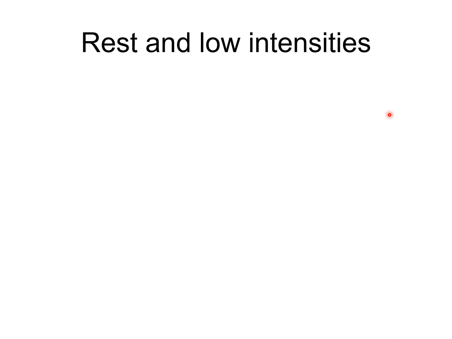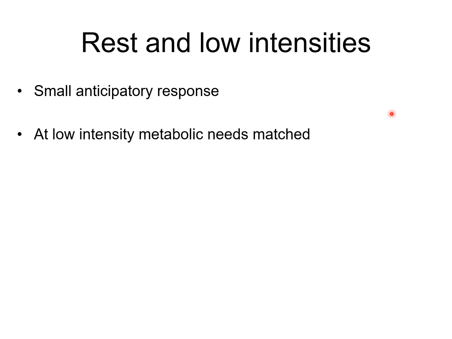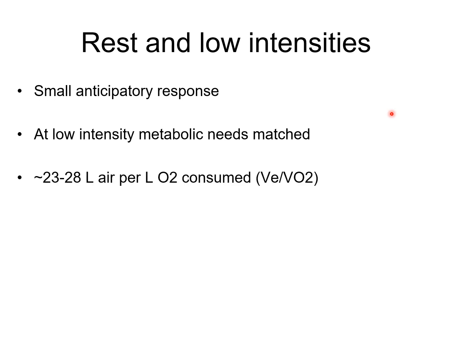Okay, so during resting and low intensity exercise then, so at rest, the VE to VO2 ratio ranges from about 23 to 28 litres of air per litre of oxygen consumed. Okay, and this changes very little even during mild low intensity exercise.